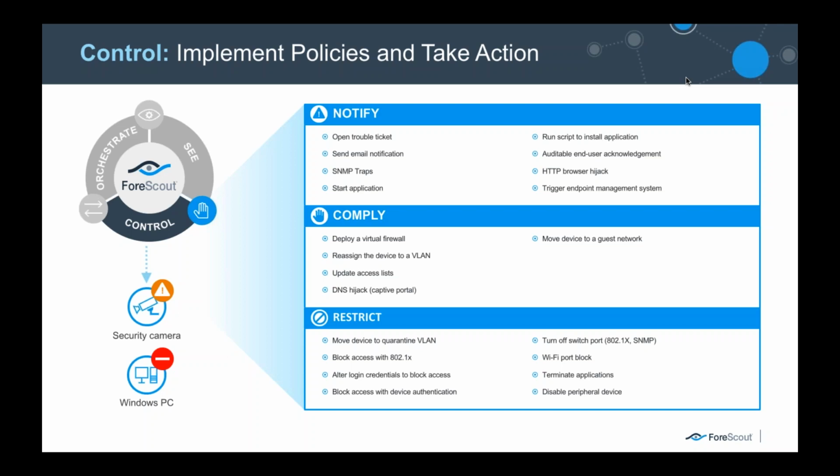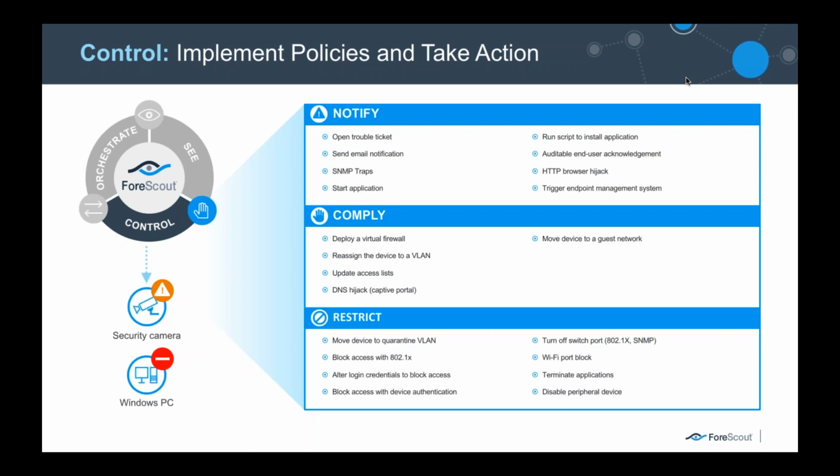But then coming back to the IoT theme, we're able to apply some restrictions around a device and apply some controls to make sure that devices that access the network have the appropriate level of access. So an example shown on the left here, we've got two device types, a security camera and a Windows PC.